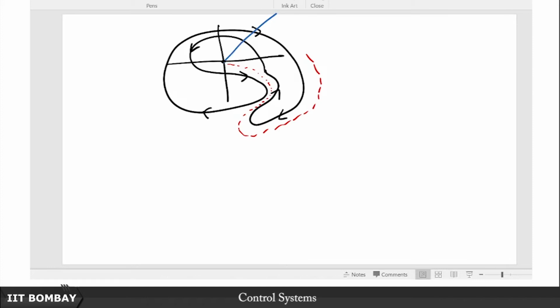Well, no, and that is the crucial bit. The first time you cross this periphery, the crossing is in the counterclockwise direction. The second time you cross, the crossing is in the clockwise direction, and they will cancel each other out. It's like you've passed through the forest, you've gone in and you've also come out of the forest. So the net encirclements is going to be counted as 0.